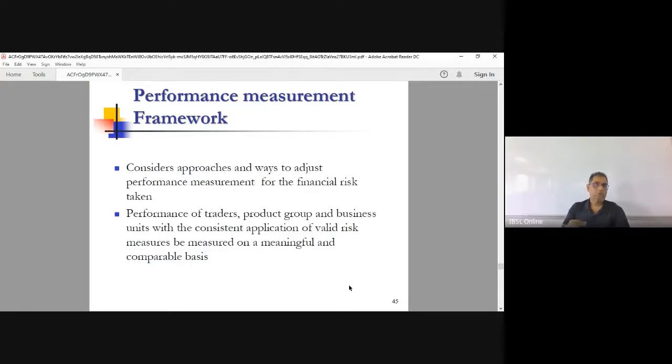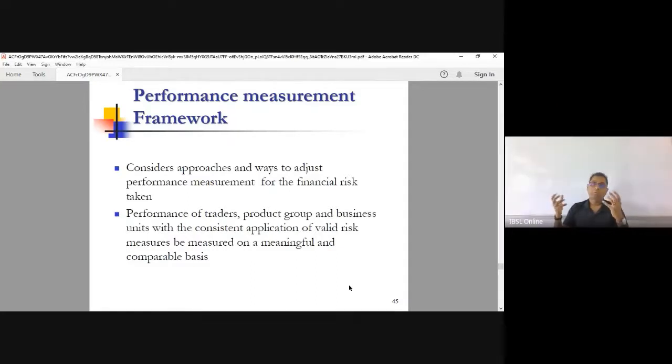If you're getting paid a lot of money to make high risk decisions, you have the incentive to go out there and take risk decisions because you're going to get paid by the return that you make, not necessarily the risk that you take.